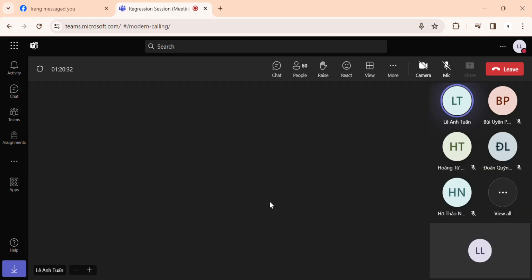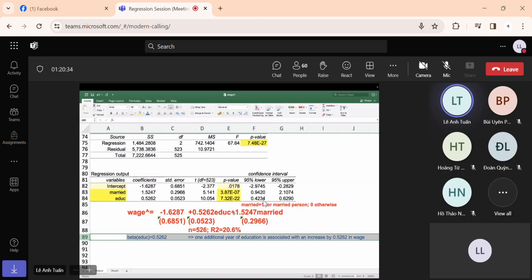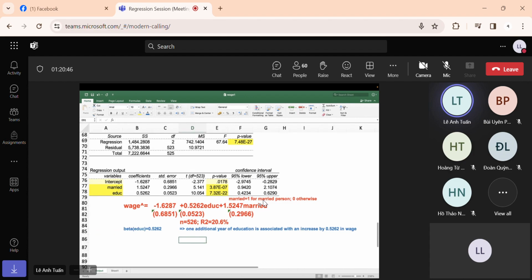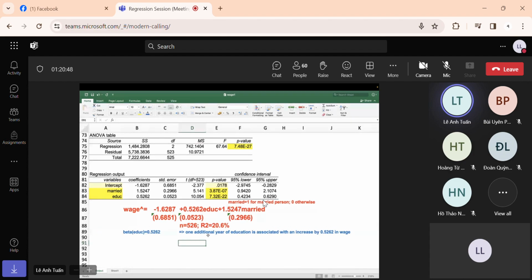How to interpret the coefficient on marriage, right? We know that when the marriage increases 1 unit, but you know that the marriage only has two values, 0 or 1. So if we say the marriage increases 1 unit, actually it has no meaning.